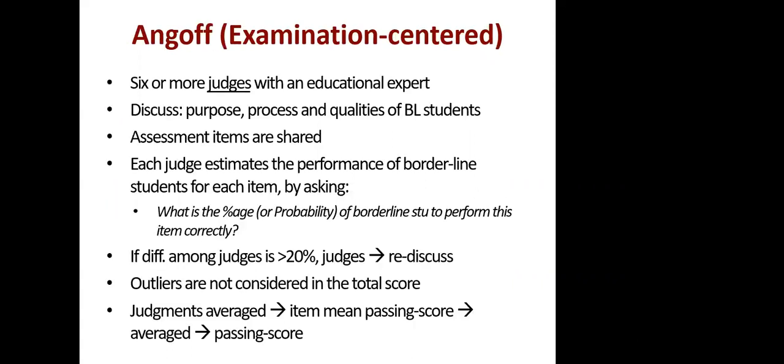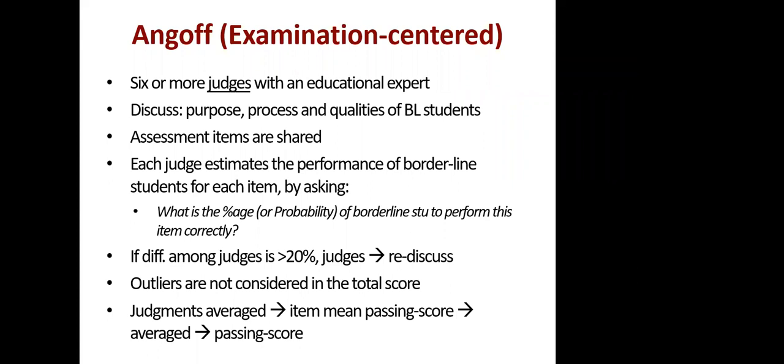So now let us very quickly look at the Angoff process. How do you set a standard with Angoff? As I said, 7 to 8 judges are required. So you take 6 or more judges with a standard setting expert. Then you discuss the purpose, the process, and qualities of a borderline student.